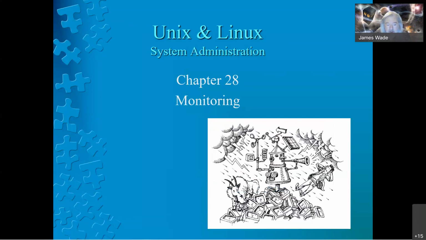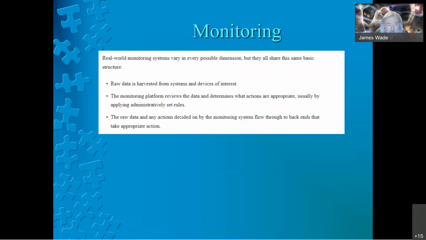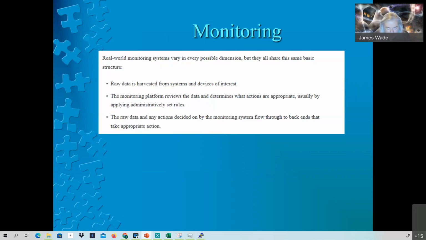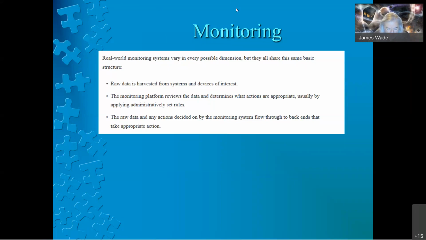Okay, let's talk about monitoring. Folks, there's all kinds of monitoring out there. Real-world monitoring systems vary in every possible dimension, including security monitoring of all kinds of different machines.